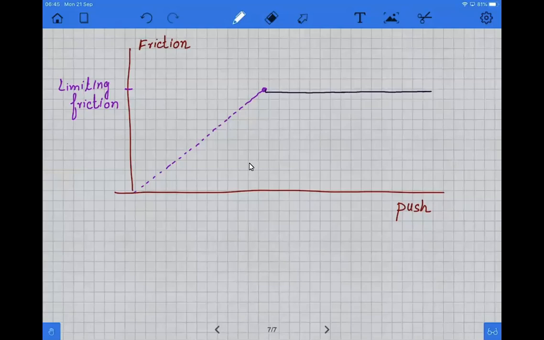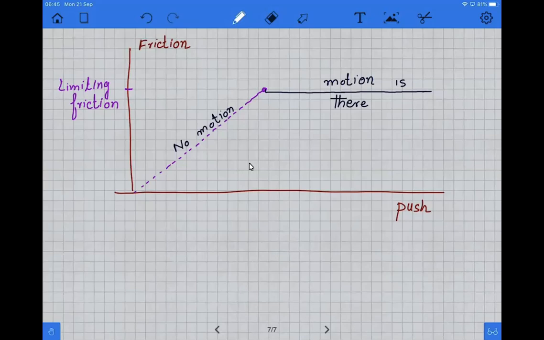Here the friction is called limiting friction or the maximum friction. Before that, in this region, there is no motion. As long as the push is less than the limiting friction, you will not achieve any motion. When the push will be greater than the limiting friction, the motion will start. And once the motion is started, the solid friction remains constant.